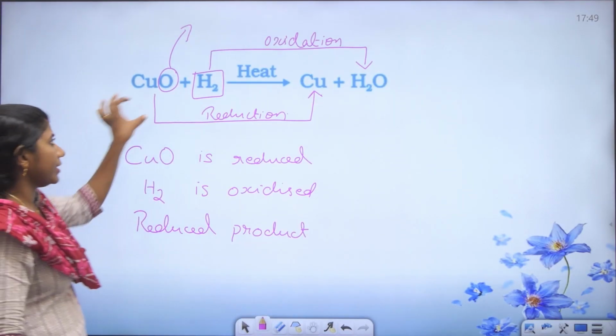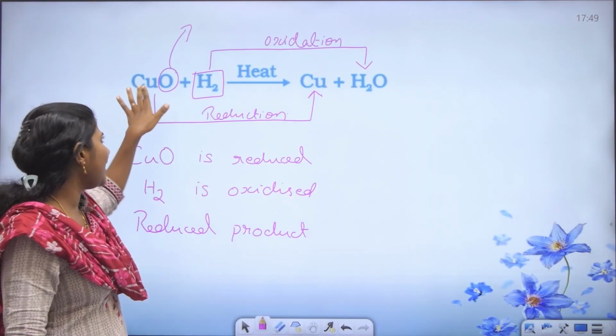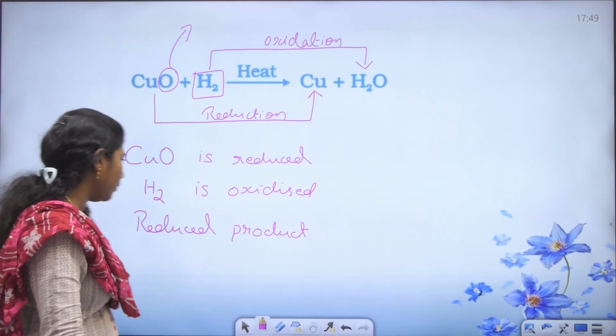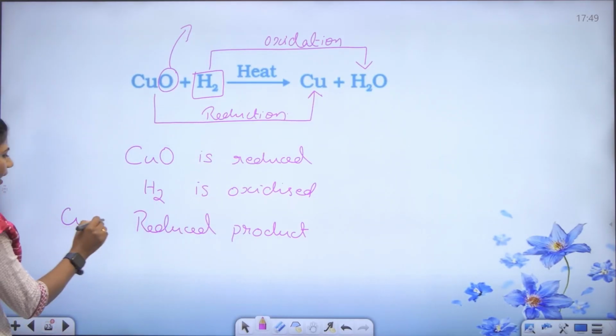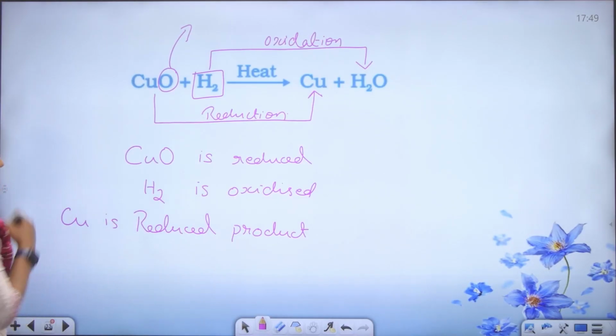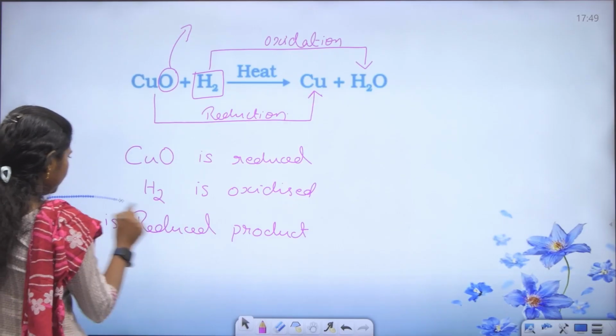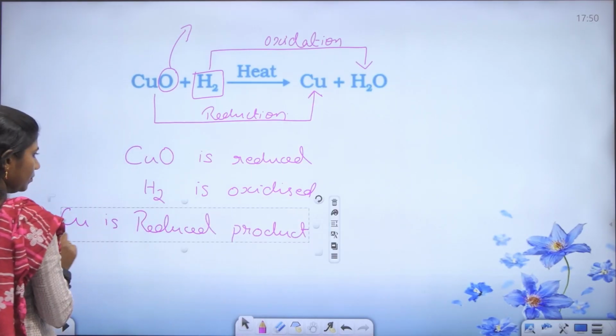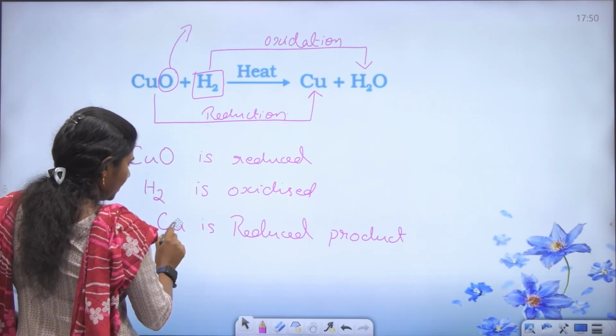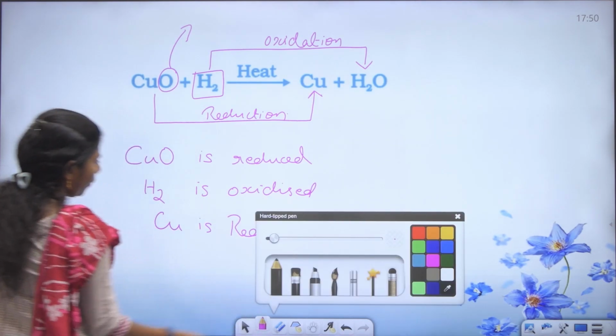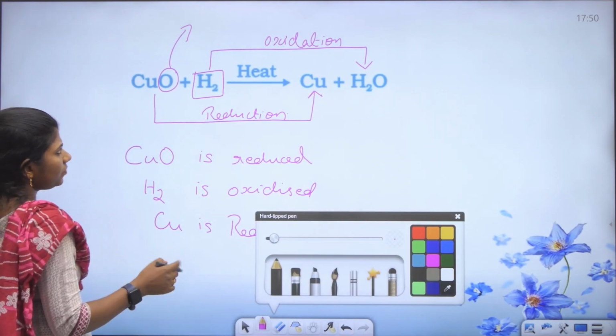CuO is reduced and the product is Cu. Cu is the reduced product.